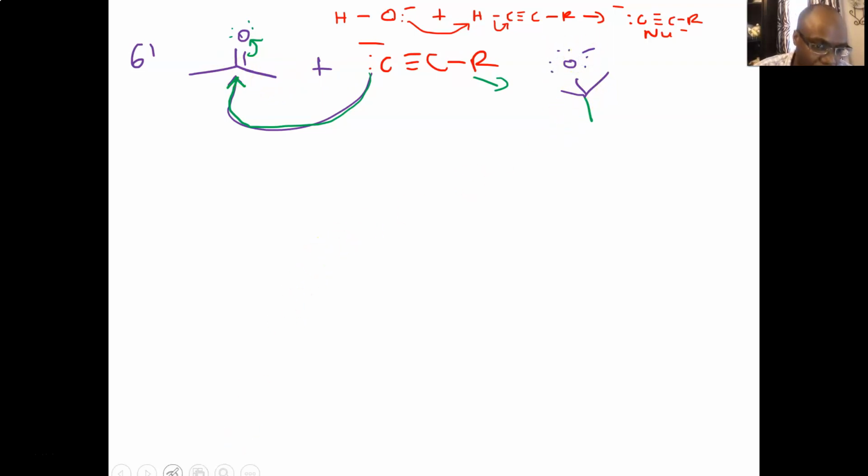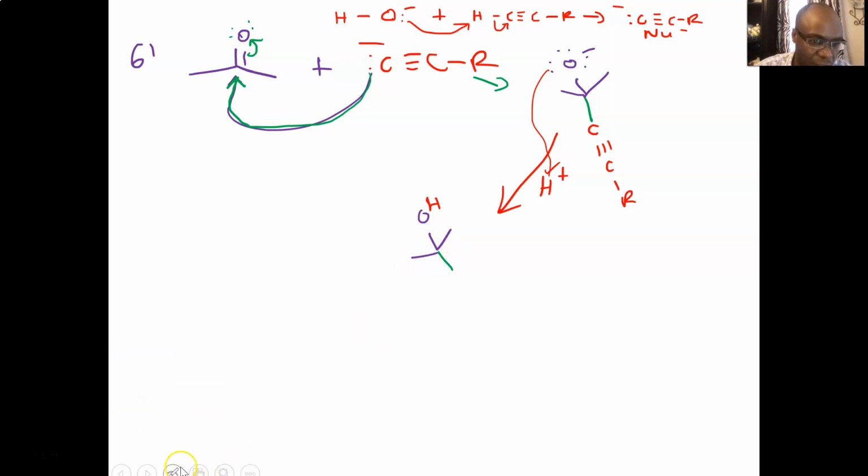And then you have the red structure, which is just the triple bond. Remember, triple bonds have linear molecular geometry, right? If you add an acid, the acid can be used to protonate the O minus. Organic molecules don't like to be charged, okay? And your product will look like this.